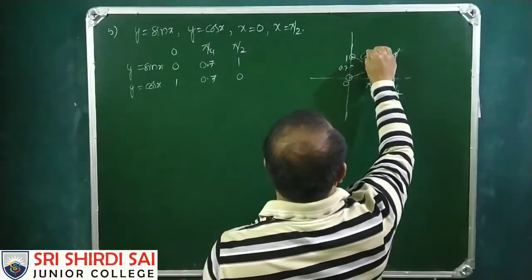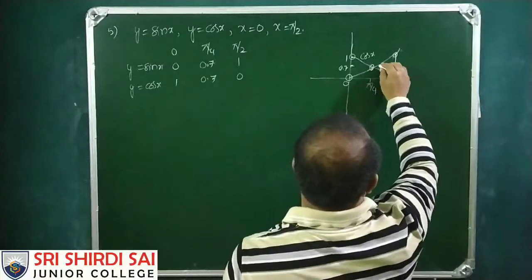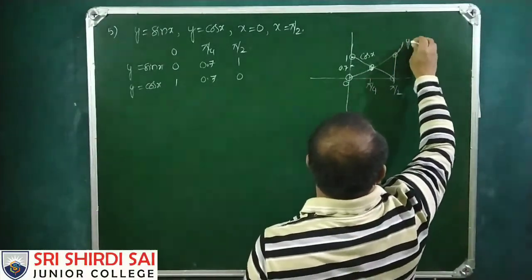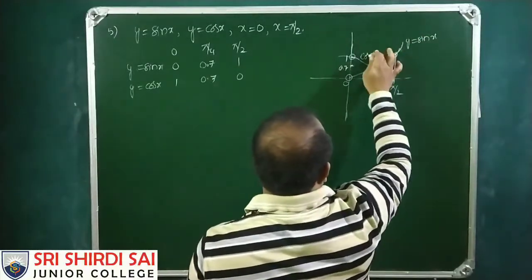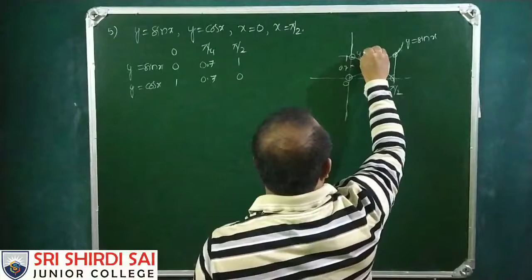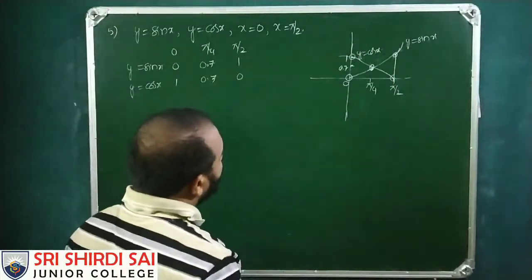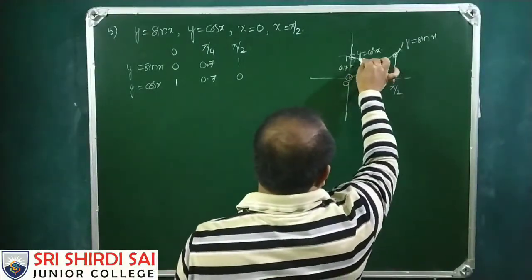This is cos x, and this is sin x. This is y equals sin x, and this is y equals cos x. Now, we need to know the area of the region bounded by these two curves.